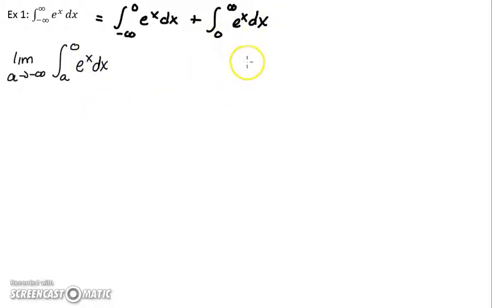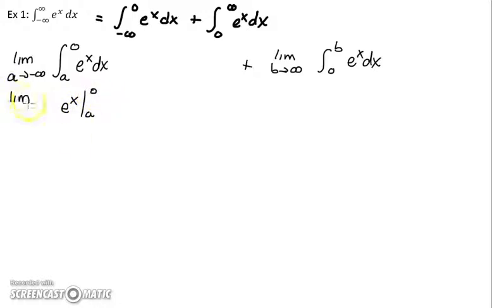For the second one, we say plus the limit as b approaches infinity of the integral from 0 to b of e to the x dx. We ignore the limit for a moment and just take our integral. The antiderivative of e to the x is e to the x, and we evaluate from a to 0.